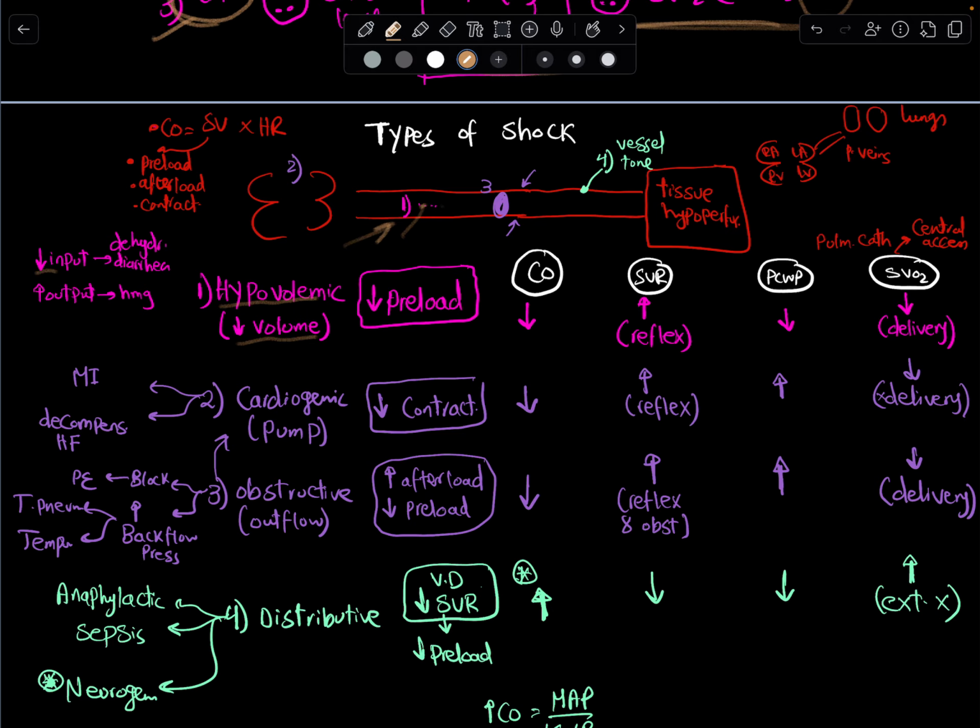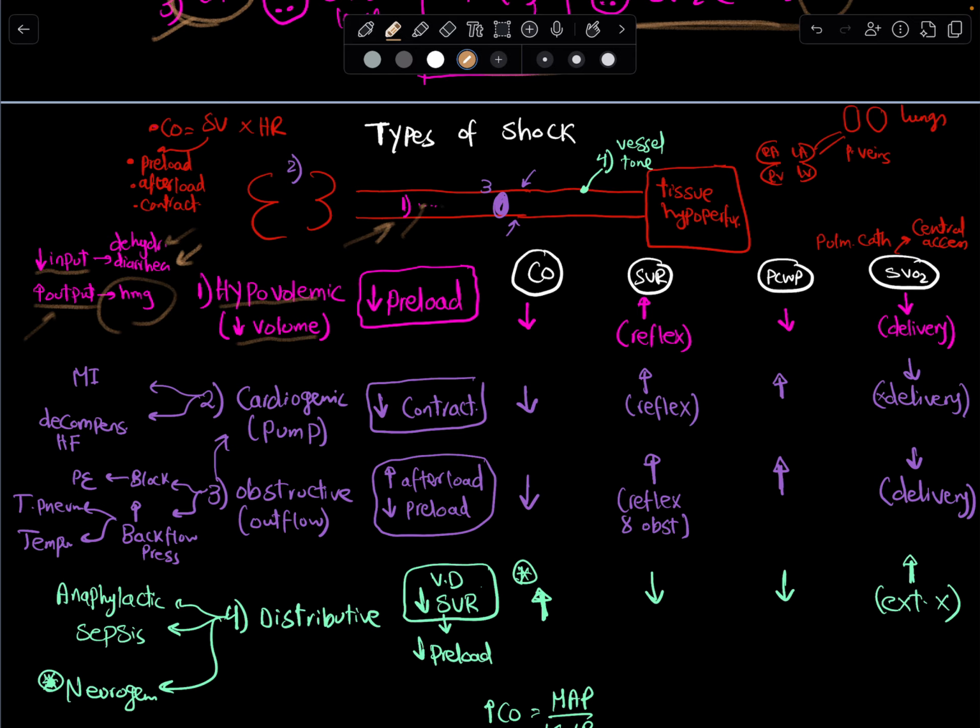Basically, it's either decreased input or increased output. Decreased input, like cases of severe dehydration, severe diarrhea, or burns, which come with severe dehydration, or increased output, like hemorrhage, which can be external, like someone in an accident who is bleeding everywhere, or it can be internal, like retroperitoneal, GI, or any kind of big volume hemorrhage.